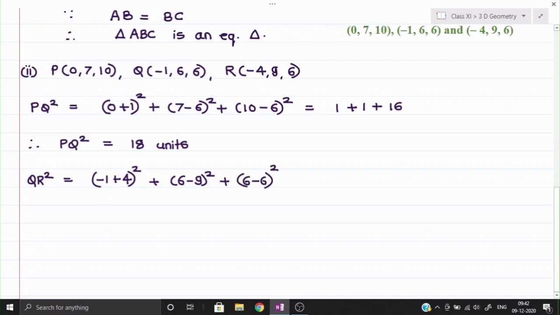Now if we solve it further, -1 plus 4 is 3, and square of 3 is 9. 6 minus 9 is minus 3, and square will become 9, and plus 0. So we can say that QR square will be equal to 18.